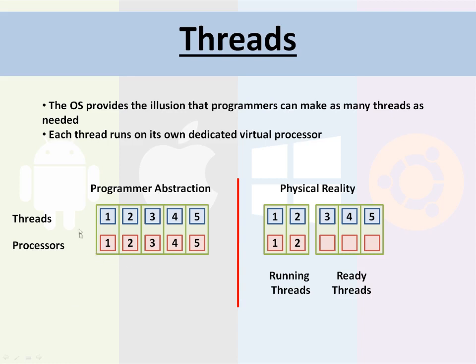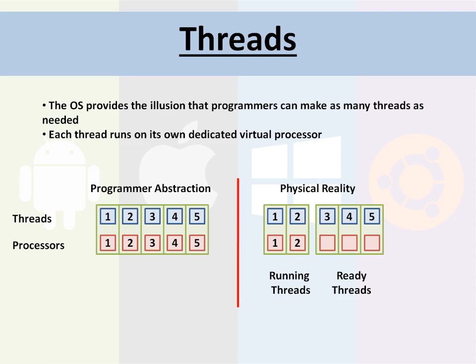So in terms of the programmer's or the thread's perception of reality, we have something like this on the left-hand side, where we have, say, made up 5 different threads, and each of these threads thinks it's running on its own processor. But in physical reality here, we have, say, only 2 real physical processors.